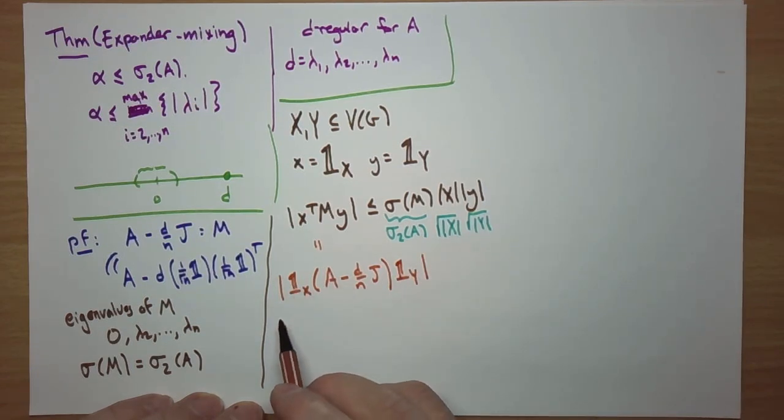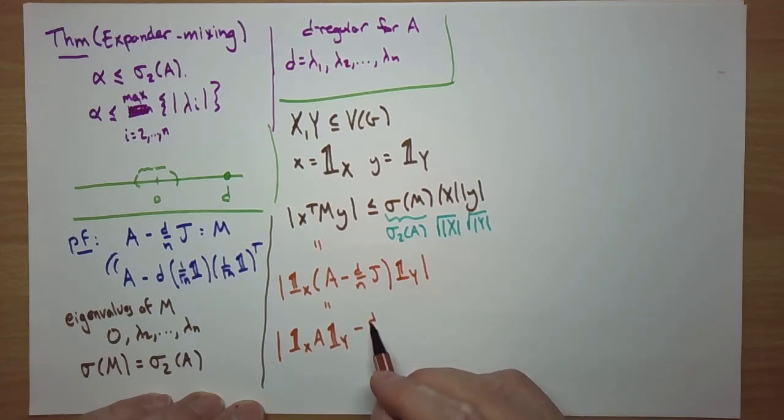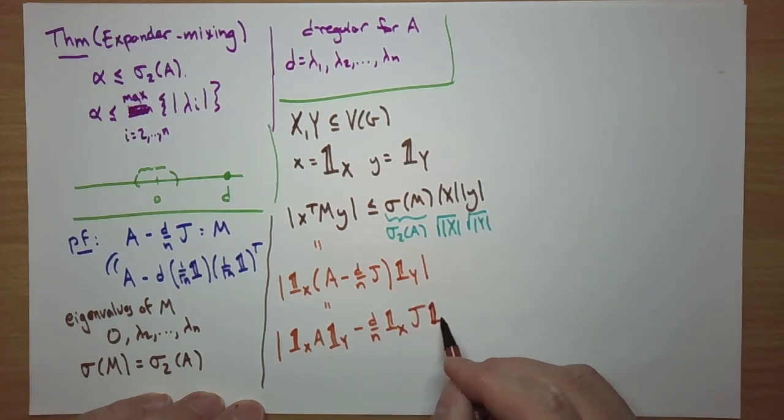Well, we can just distribute. This becomes indicator function x, A, indicator function y, minus, since d over n is a constant, d over n times indicator function x, J, indicator function y.